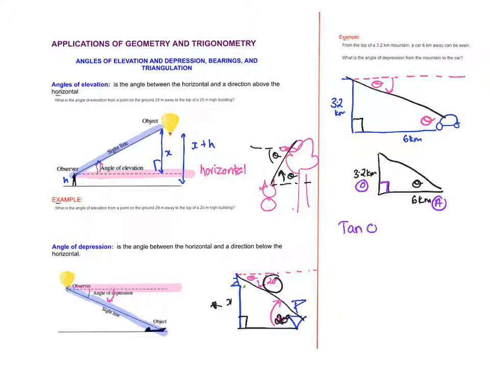So tan of the angle equals 3.2 over 6. Remember when we're finding the angle, we can just use inverse tan of 3.2 over 6 and find out what that is. All right, so I've done that one. They're generally the nearest degree with degree things. So it was 28 degrees.